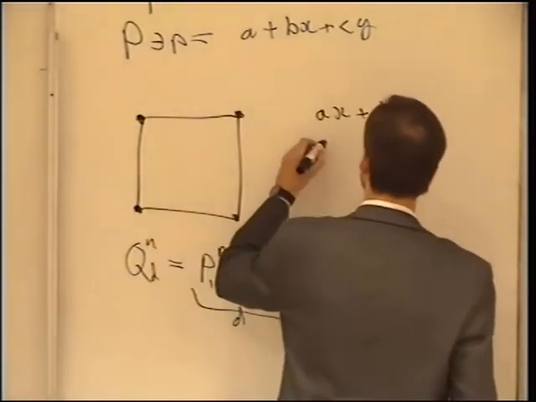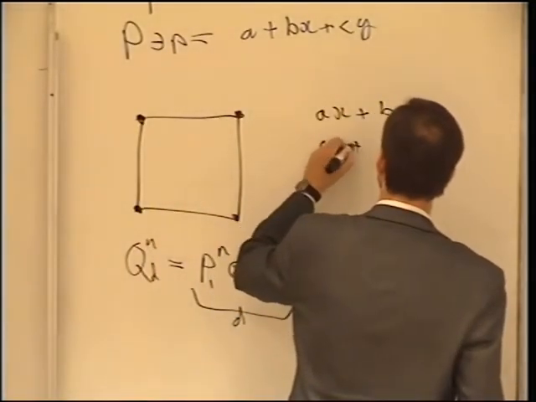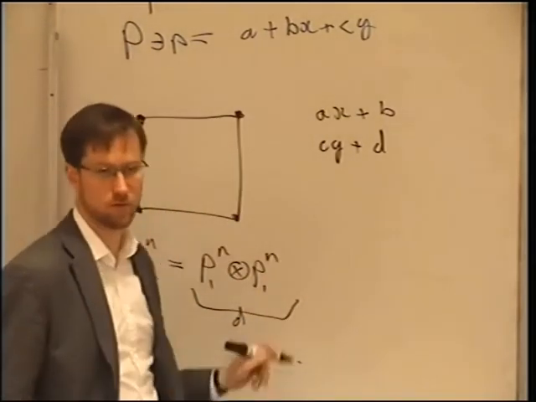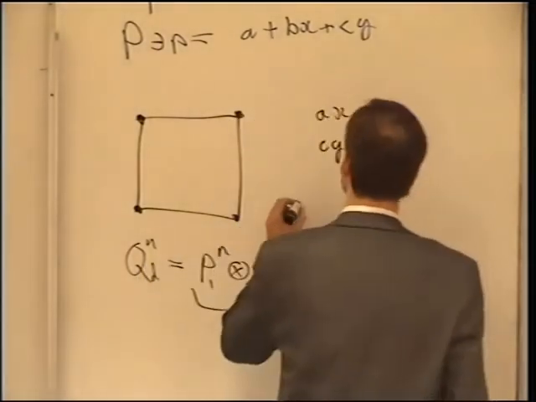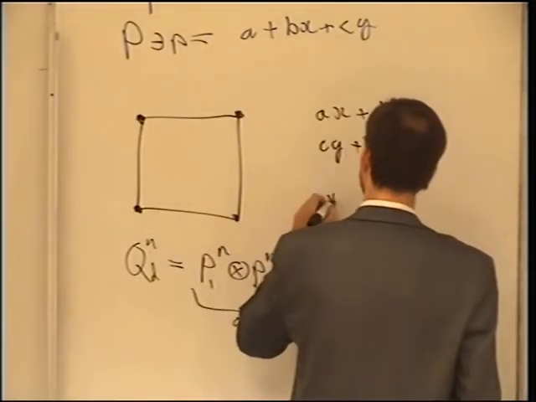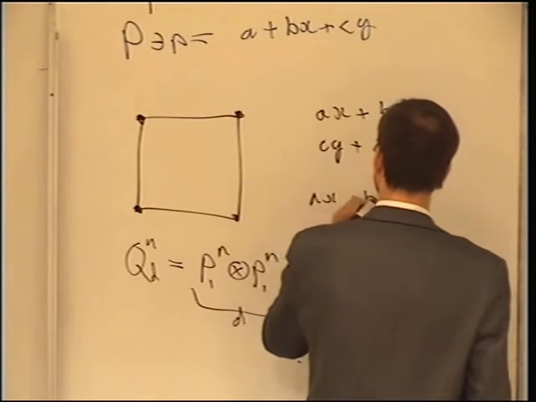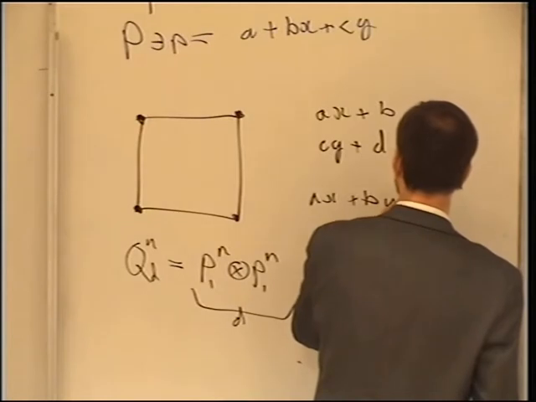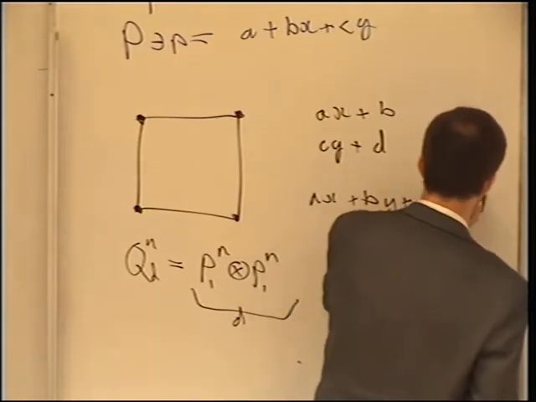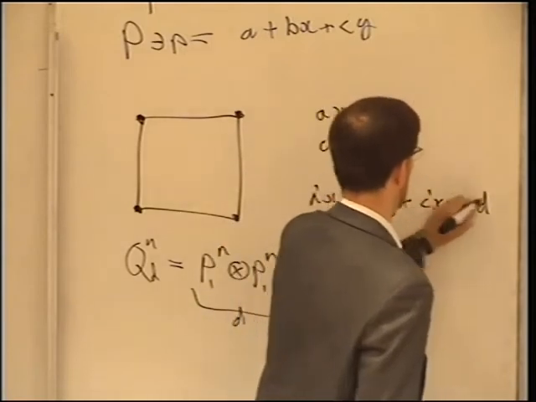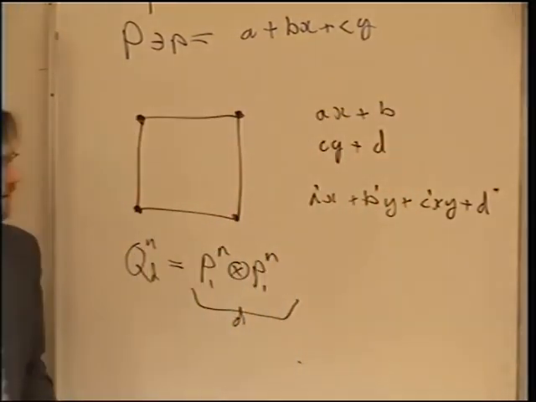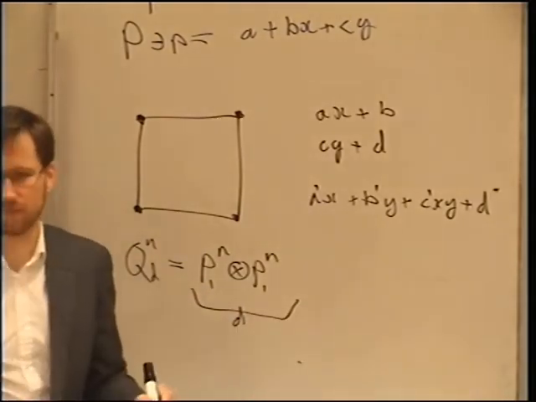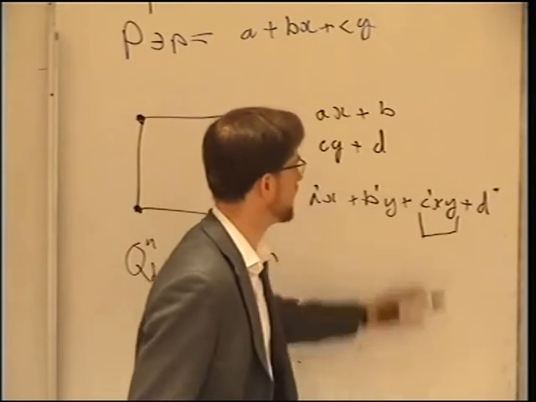And if I now have cy plus d, and I multiply out all combinations, which is what the cross product is, then I get things of form a x y plus b x plus c y plus d, where those are not the same coefficients. So those are all the ones I get. So that was not quite the linears, because I've got that xy term in there.